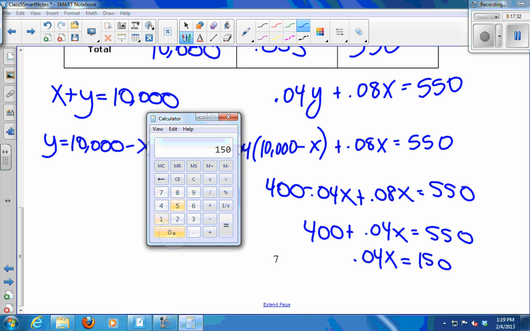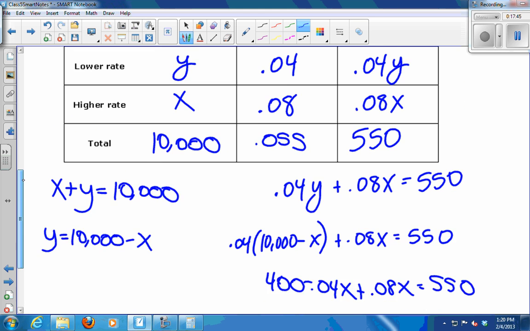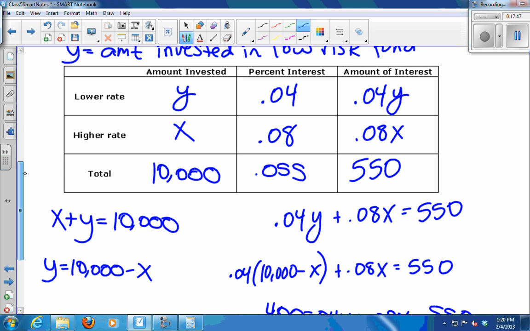Okay, so 150 divided by 0.04 is 3,750. So that's the amount of money that should be invested at the high risk rate.